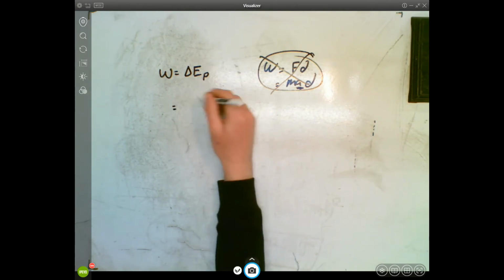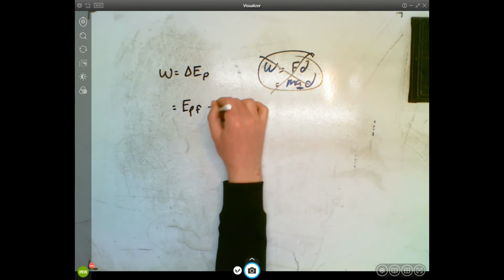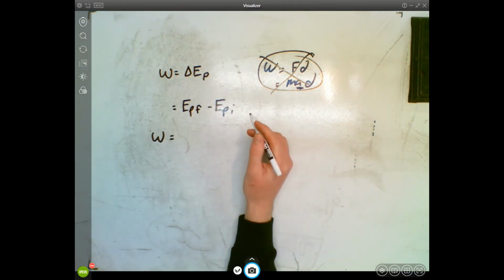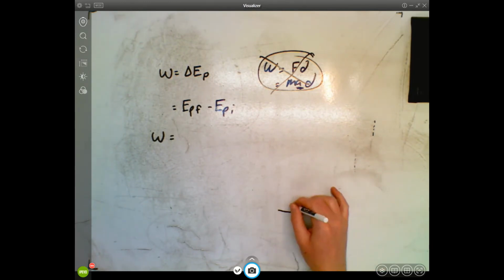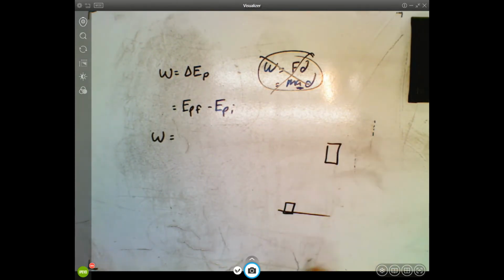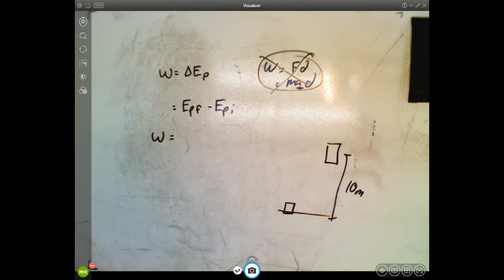Okay, so our change in potential energy is our potential energy final minus our potential energy initial, and that equals our work. If the box starts on the floor, let me draw a little picture. This is the floor here, this is our starting position for our box, and this is where it goes when it's lifted a distance of 10 meters.